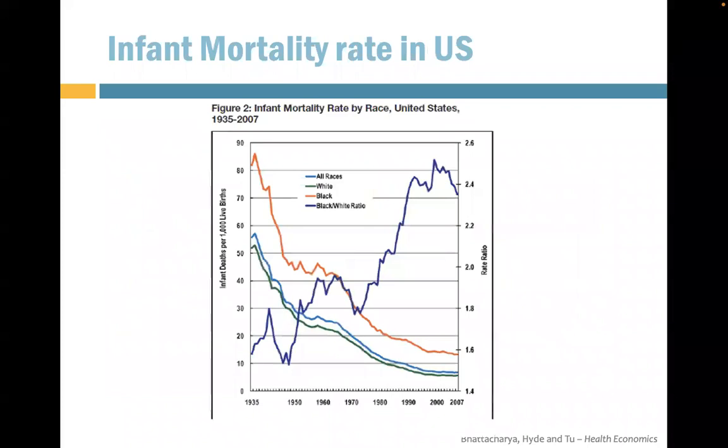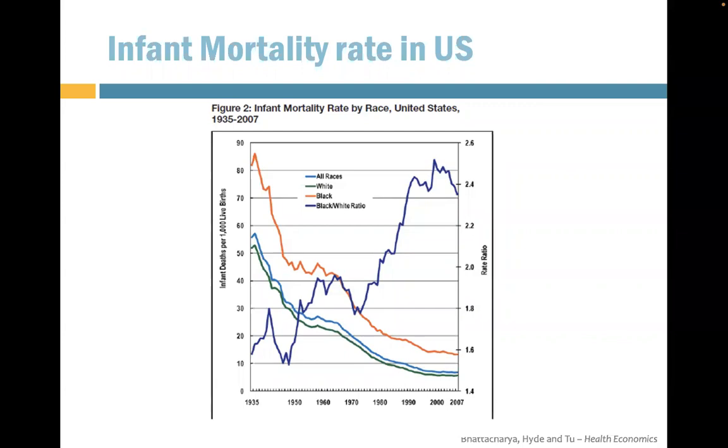If we split that by race, this one is actually infant mortality, okay? If we split infant mortality rate by race, we see that all different races are decreasing. The orange, light blue, and green lines are decreasing. It decreased faster in the early years, and up to the 2000s, the decrease has slowed.